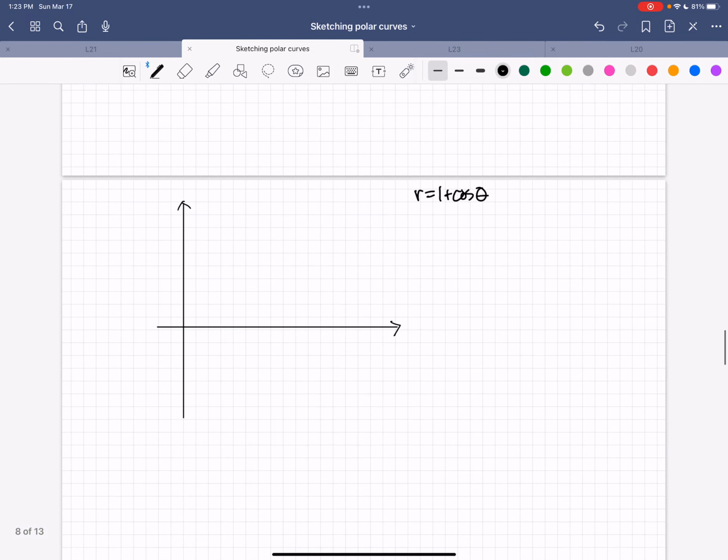We have now radius is equal to 1 plus cos theta. So this is just the graph of cos theta shifted up by 1. So that means then we'll start at 2. Our low point will only be value 0 at pi, and then we are up here at 2 at 2 pi.